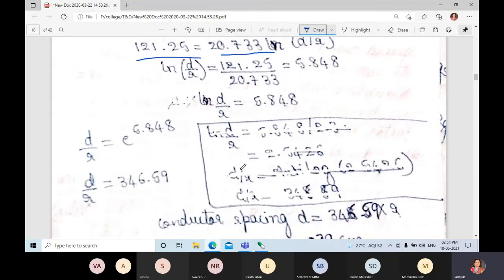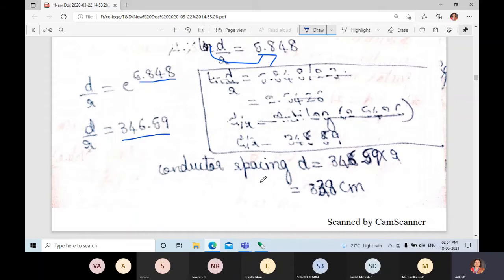That can be written in the next step as D by R is equal to e to the power of 5.848. That value is 346.59. Now we know the value of R, right?